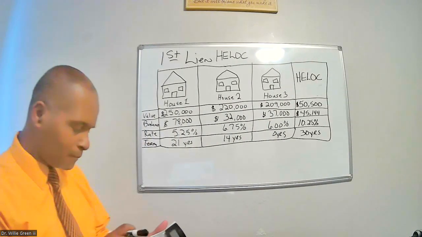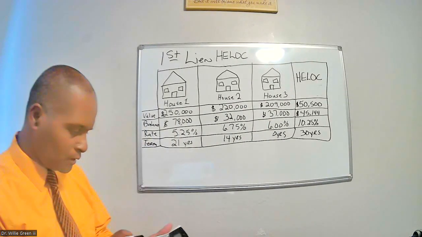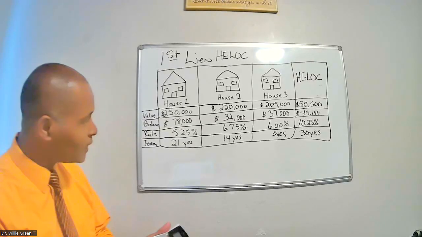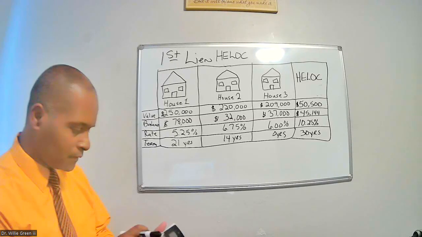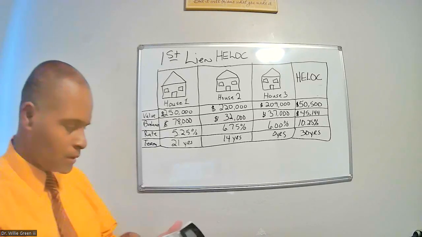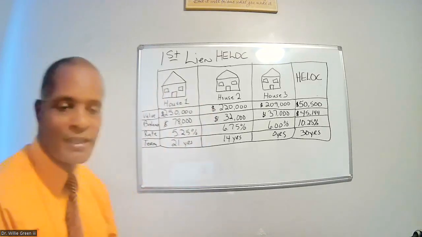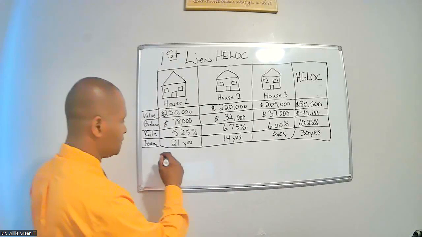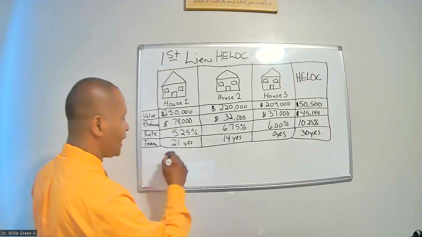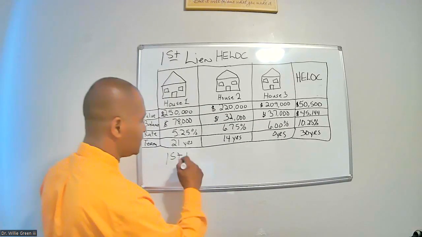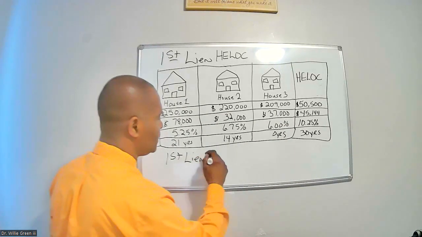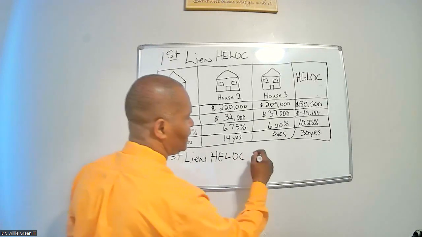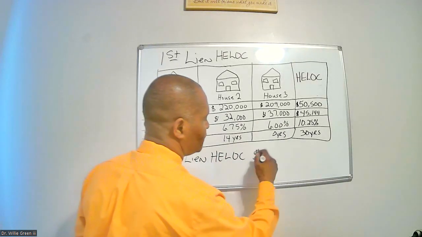At the time, I was trying to get a HELOC of $147,000 that would have covered all 3. So I was actually looking for a first lien HELOC at about $150,000.